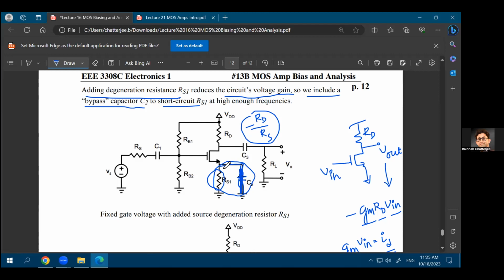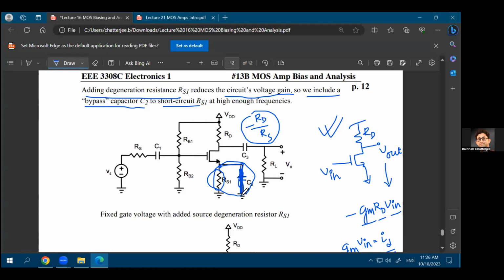Okay. So let's just assume for a moment that this capacitance shorts the source of this transistor to ground, then you effectively have this circuit. There is no source resistance anymore if the capacitance shorts that resistance to ground. Effectively, you have the circuit that I have drawn on the right-hand side, because the source terminal of the MOSFET is directly connected to ground through the capacitance at high enough frequencies.